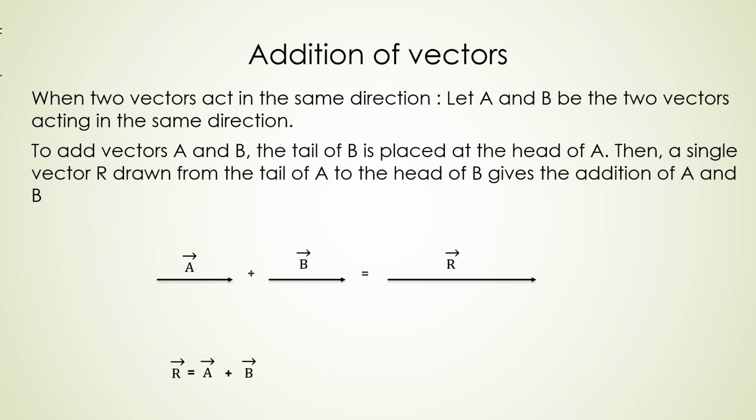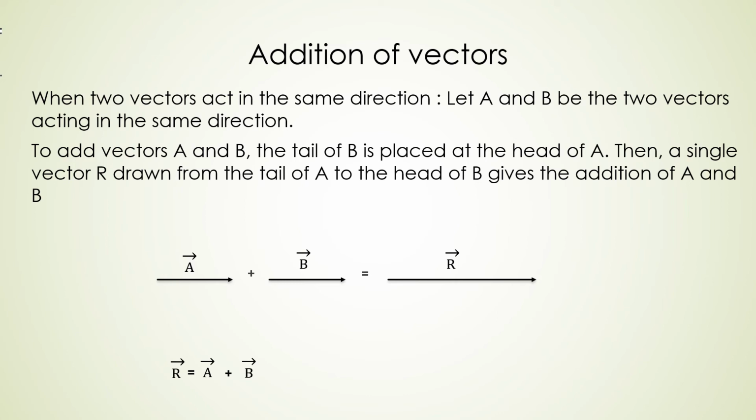Let's see how these vectors are added. That is addition of vectors. Consider two vectors acting in the same direction. As you can see, let A and B be the two vectors acting in the same direction.